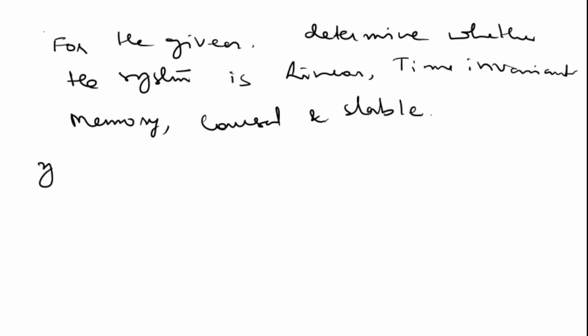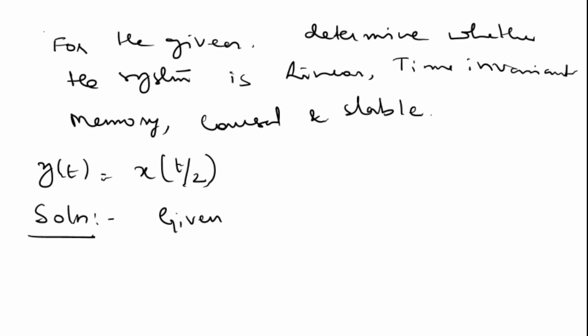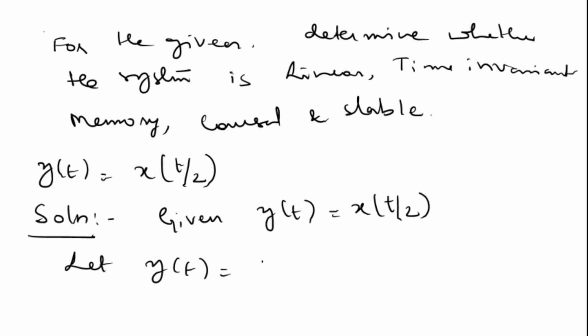It is given y of t is equal to x of t by 2. Let y of t is equal to t of x of t, which is equal to x of t by 2.